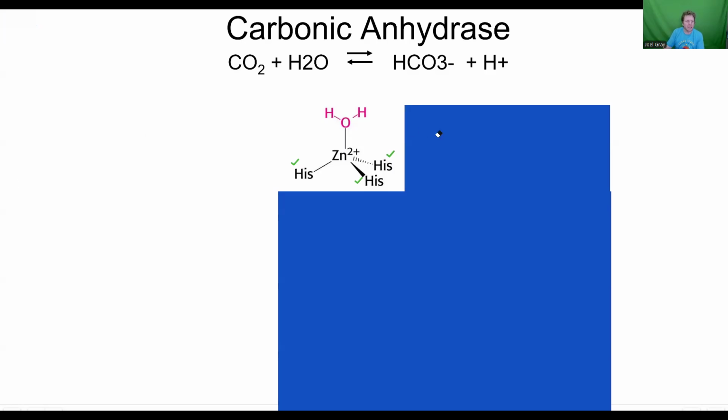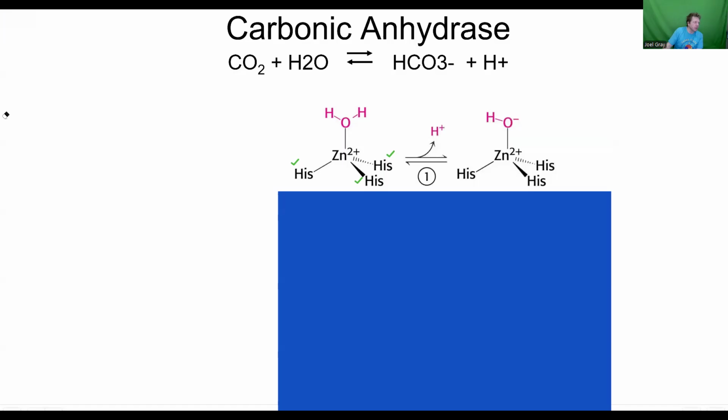What zinc is able to do is, by holding on to the single water molecule, it causes the pKa of that water molecule to drop from 14 down to 7.